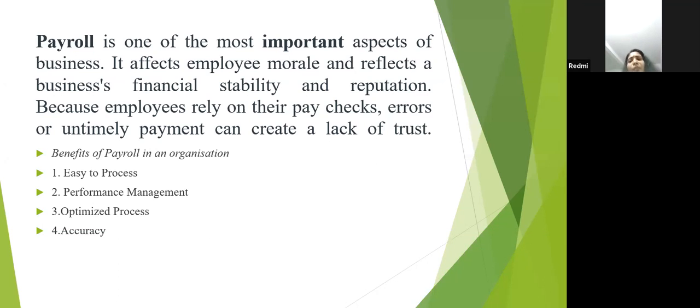Then performance management. Performance management records the performance information of each and every employee. If we are manually looking into that, it takes time. So if I have a payroll management system, the performance of each and every employee is recorded.